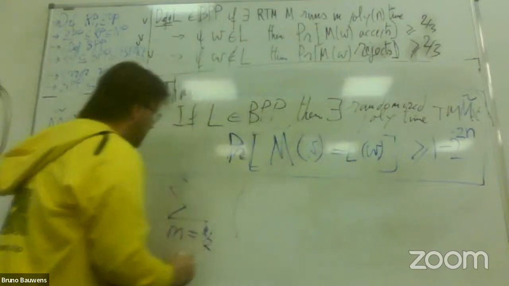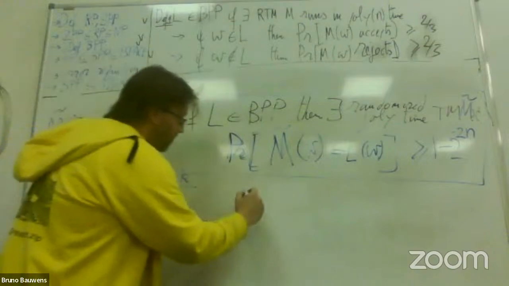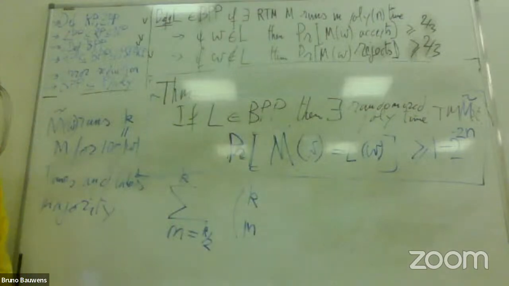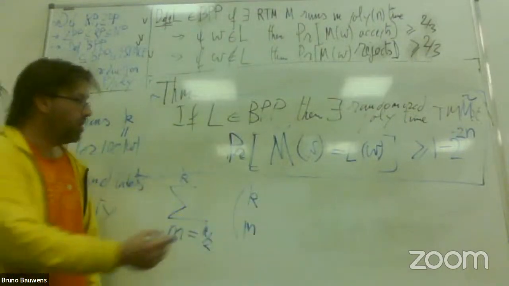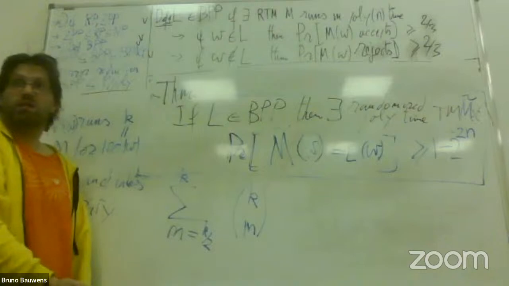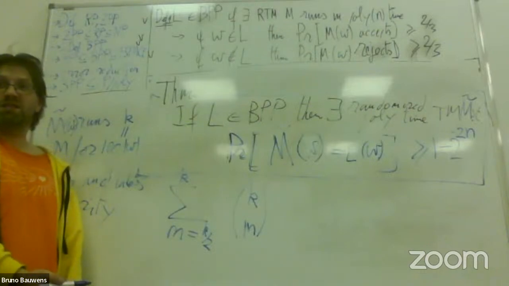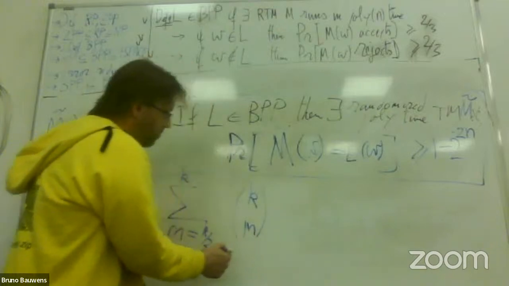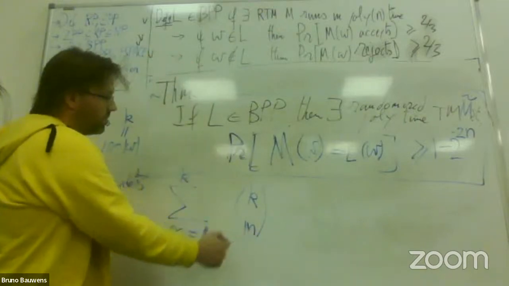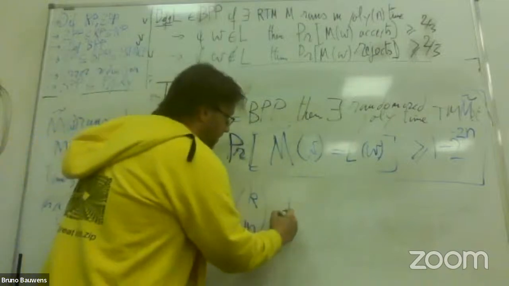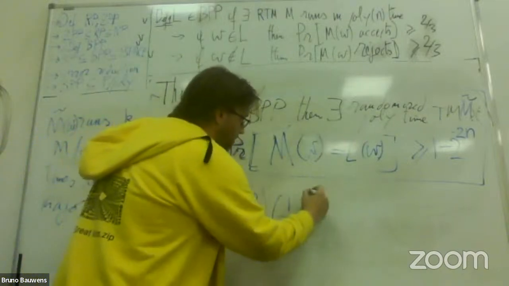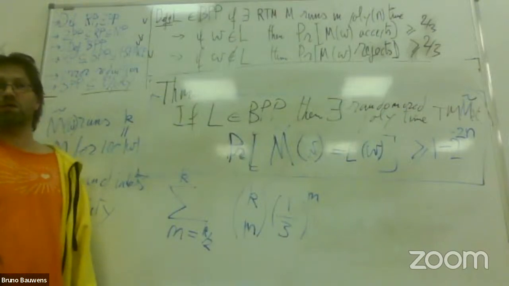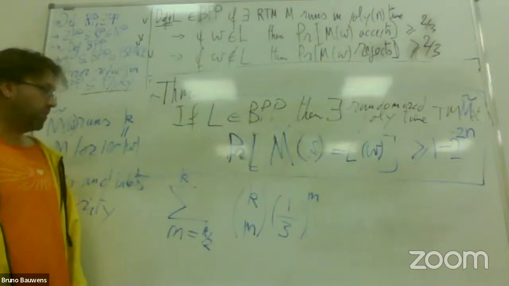So we have K runs and we choose M of them to be wrong. This is a binomial distribution. 1/3 is an upper bound on the probability of being wrong.